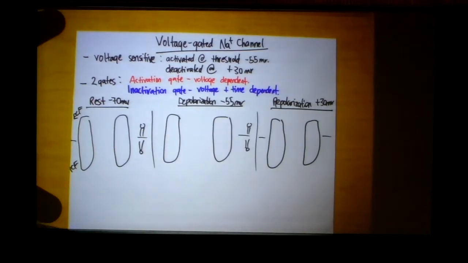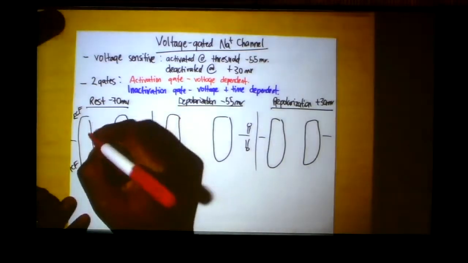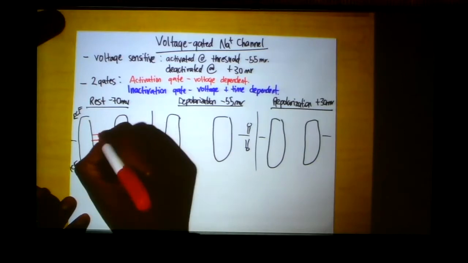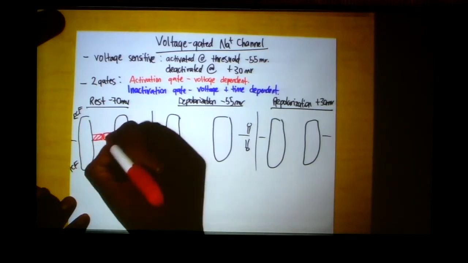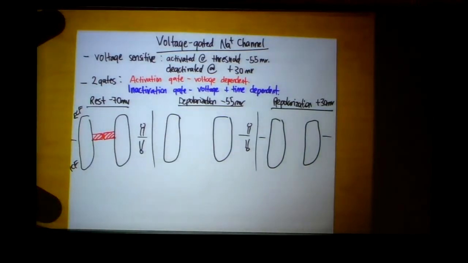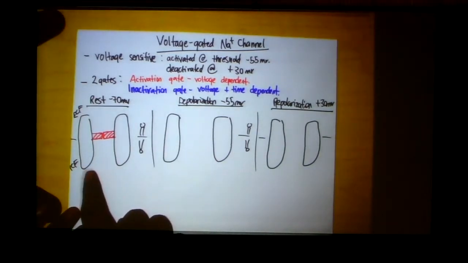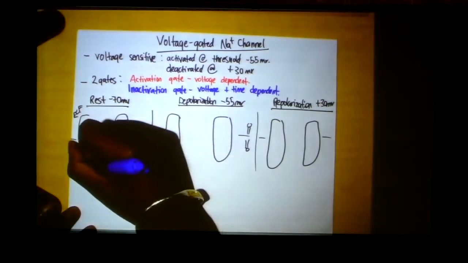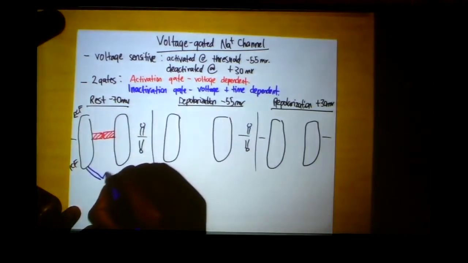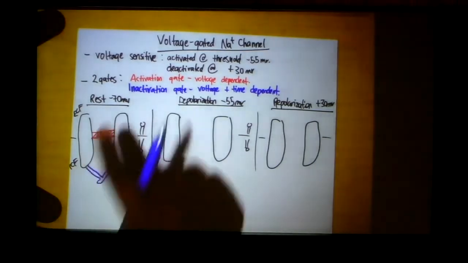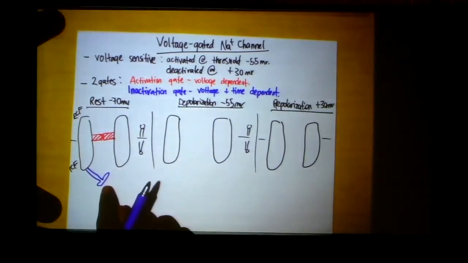Now on this channel, at rest, we know that the activation gate is closed, right? But there's a second gate on this channel. It's the inactivation gate, and it's open, okay? It's open. Right, so this kind of represents our inactivation gate. So the activation gate closed, inactivation gate open.